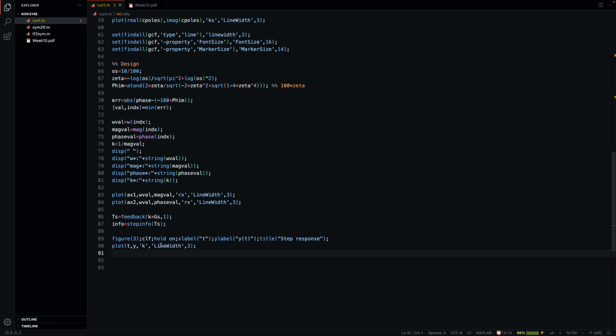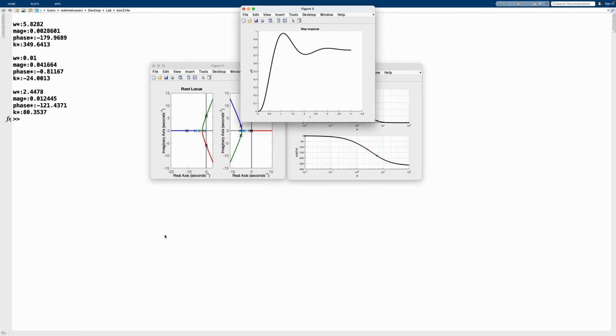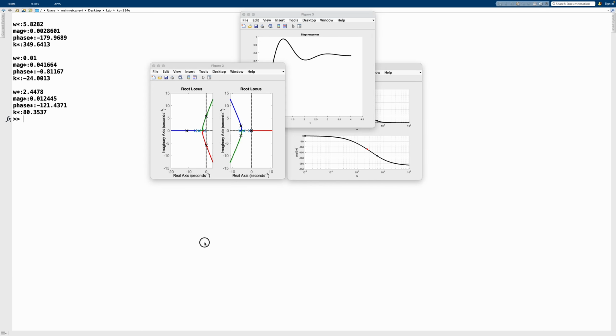There we go. Now, of course, we need the step response. We should also grid on maybe. And that's it.